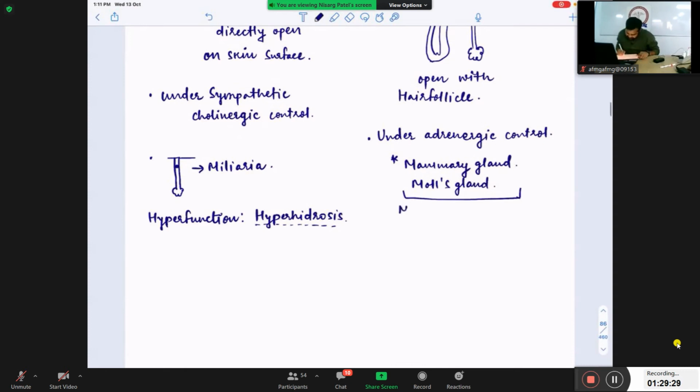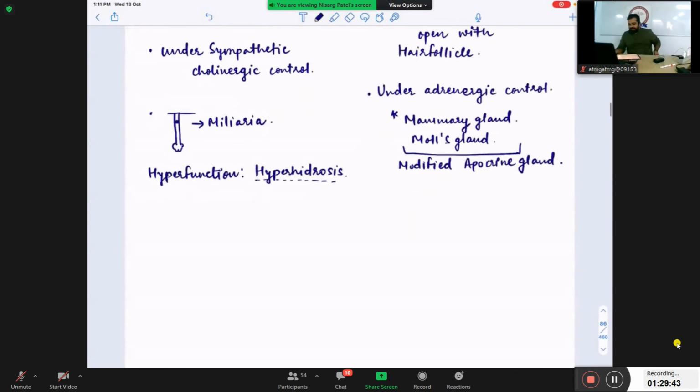So the MCQ asks, what are the modified apocrine glands? It is the mammary gland and the Moll's gland.